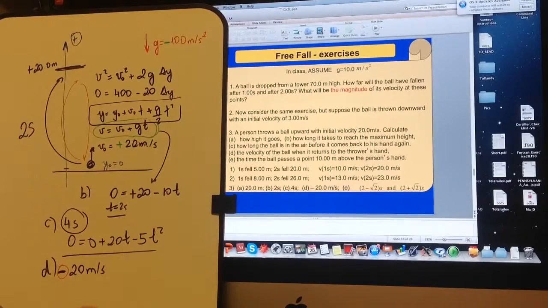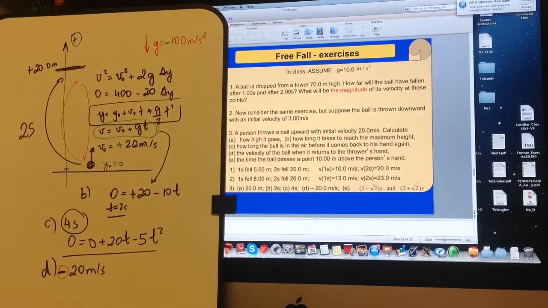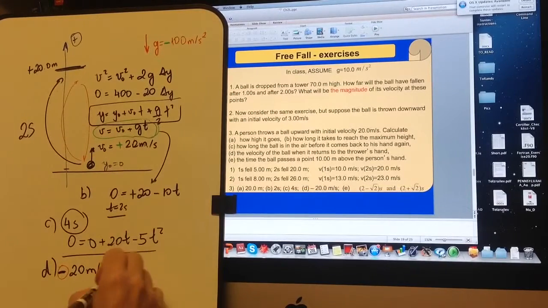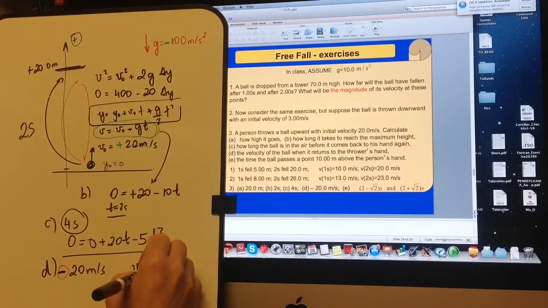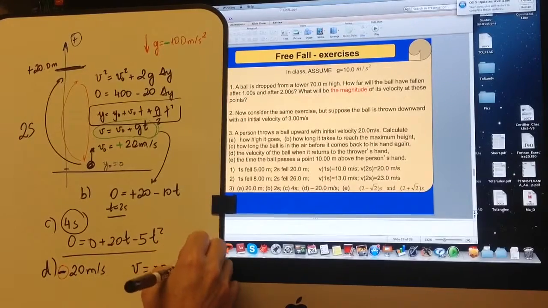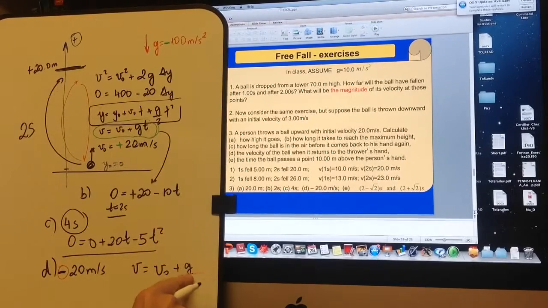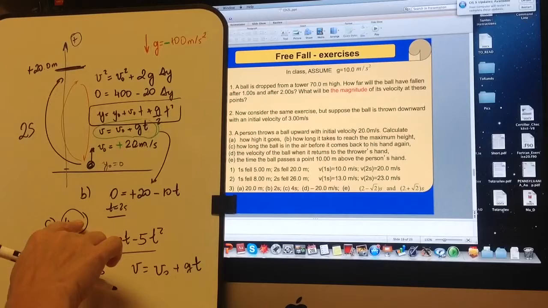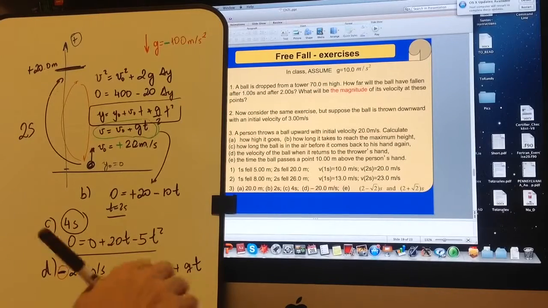Again, if you don't trust me, go for the equations. You just found that the whole motion takes 4 seconds. So you can use, for example, this equation, v equals v naught plus gt. You know that the whole motion takes 4 seconds.